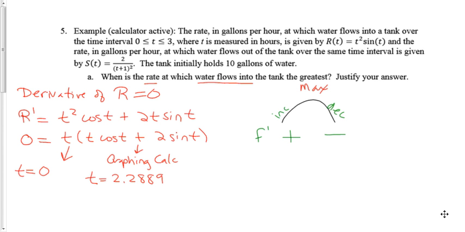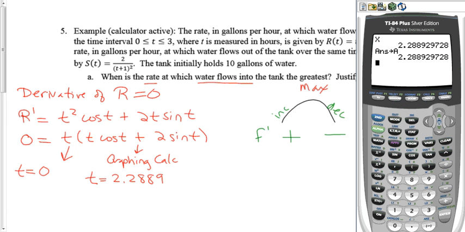So I'm going to go back to the graph on the calculator and see, does my derivative change from positive to negative anywhere? Looking at my graph, it does. It changes from positive to negative right there.